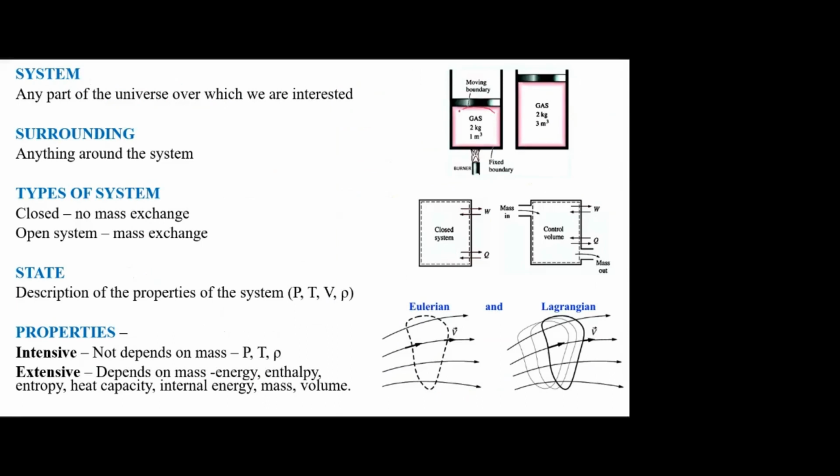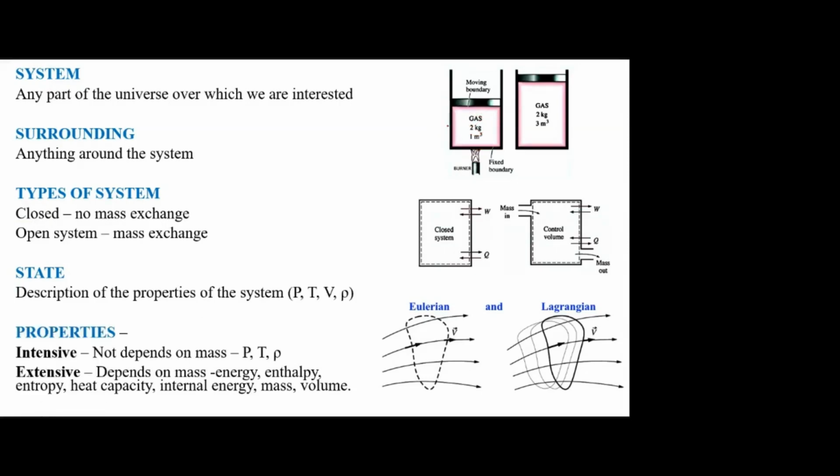If you are interested in finding the properties of this gas, whether it is compressed or expanded, and how the properties are changing, then this is our system. Any part of the universe in which we are interested is called the system, and anything around the system is called the surroundings. There are two types of system. In thermodynamics, you mostly study the closed system, mainly this piston type of system.